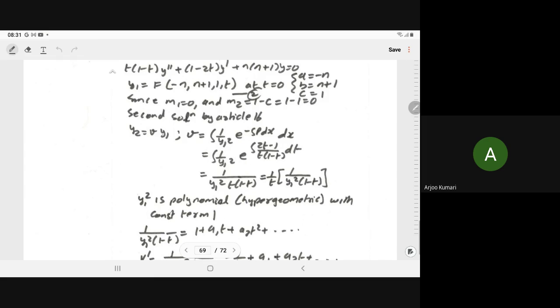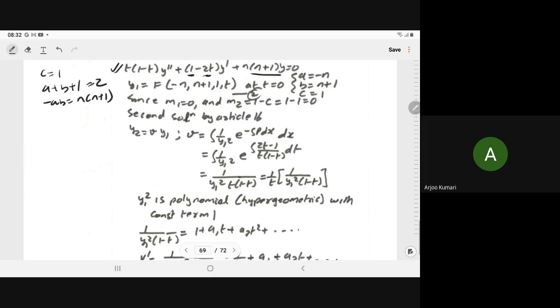So the standard hypergeometric equation you will get from the standard Legendre equation as t into 1 minus t y double dash plus 1 minus 2t y dash plus n into n plus 1 y is equal to 0. It means from here c is equal to 1, a plus b plus 1 is equal to 2, and minus ab is equal to n into n plus 1.